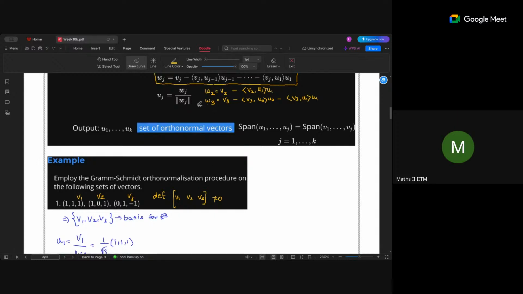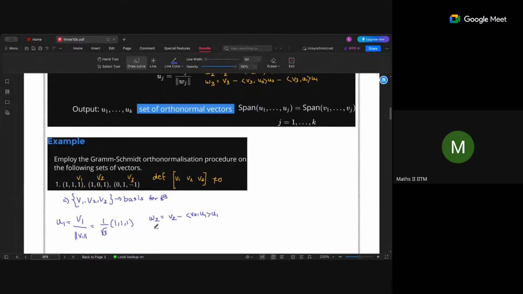So these are the two formulas we are going to use. Can you use both formulas and compute w2 and w3? Everyone do it. Write down these formulas for w2 and w3, compute and tell me the answer. w2 equals v2 minus inner product of v2 comma u1 into u1. First you need to compute the inner product of v2 comma u1.